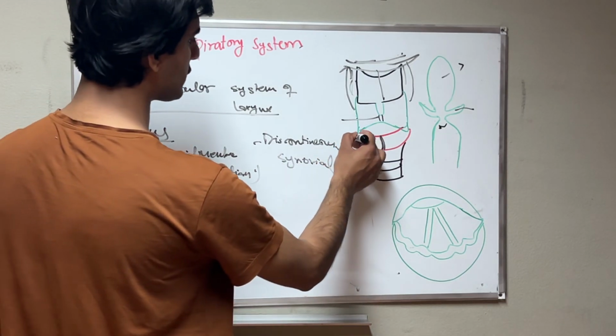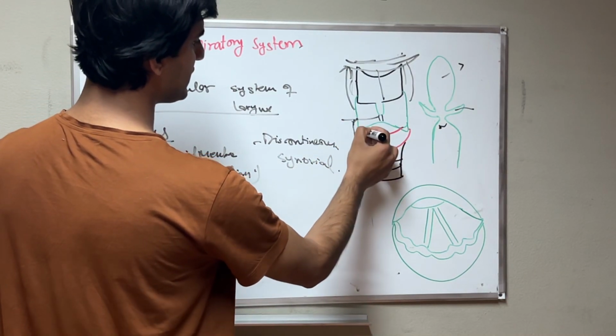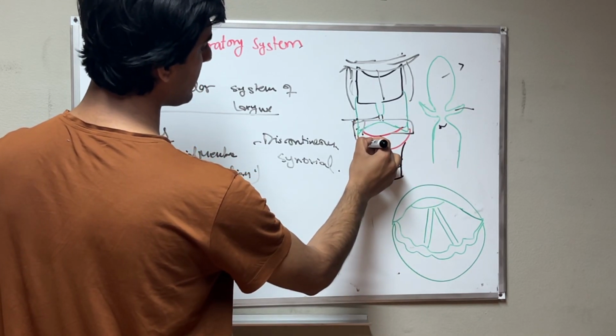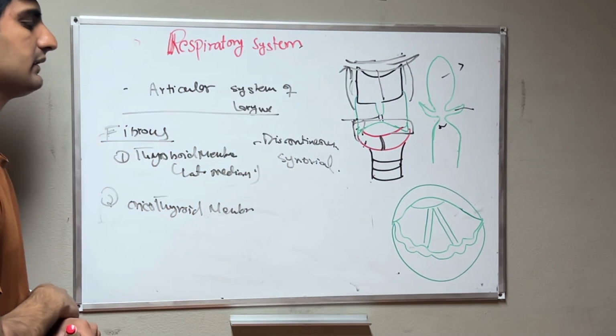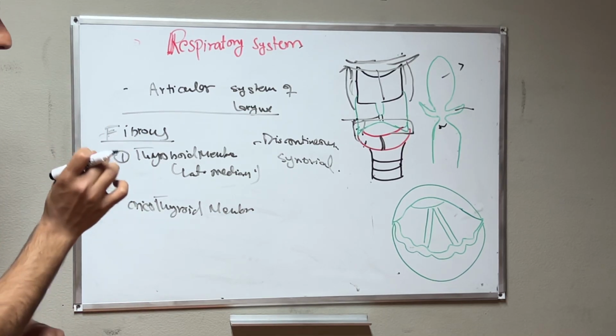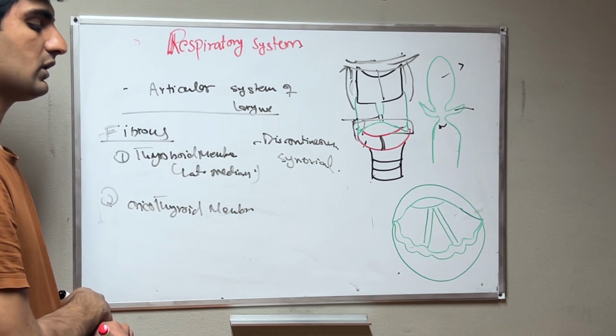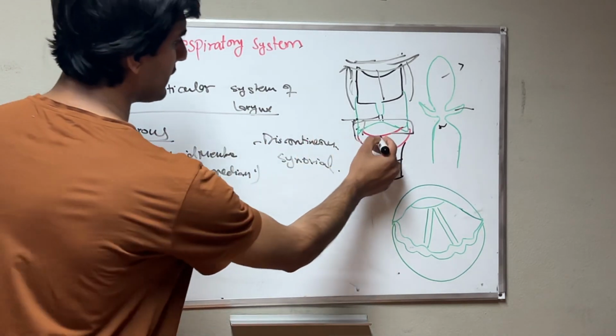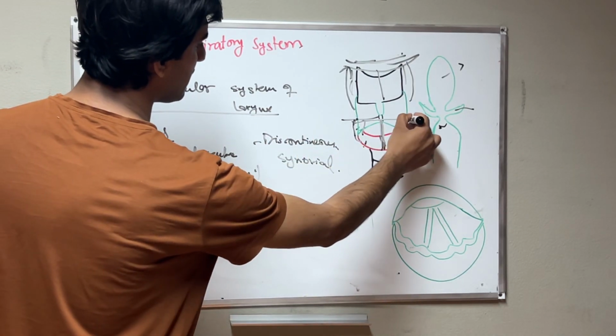From here, this is the cricoid and thyroid, between here. Between the cricoid and thyroid cartilage there is a membrane from the interior view. It's called the cricothyroid membrane. And in the cricothyroid membrane there are two other ligaments, one here and one here.